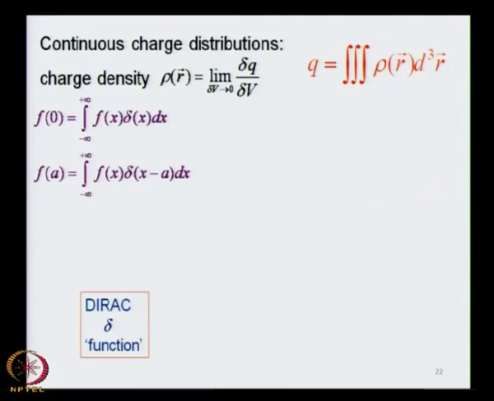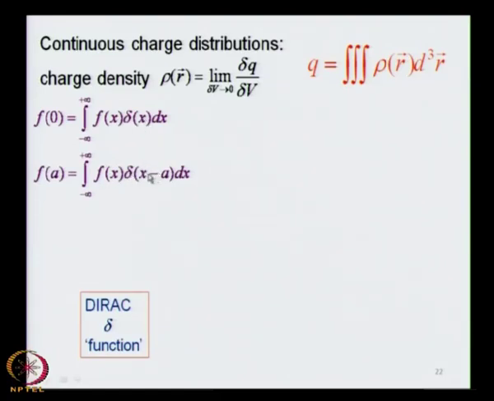So, here I consider one dimensional Dirac delta function, and if you multiply this function f of x with delta x and integrate the product from minus infinity to plus infinity, you get the value of the function at x equal to 0. And this definition is completely equivalent to stating it in the second equation, that if you integrate f of x with delta not of x but of x minus a.